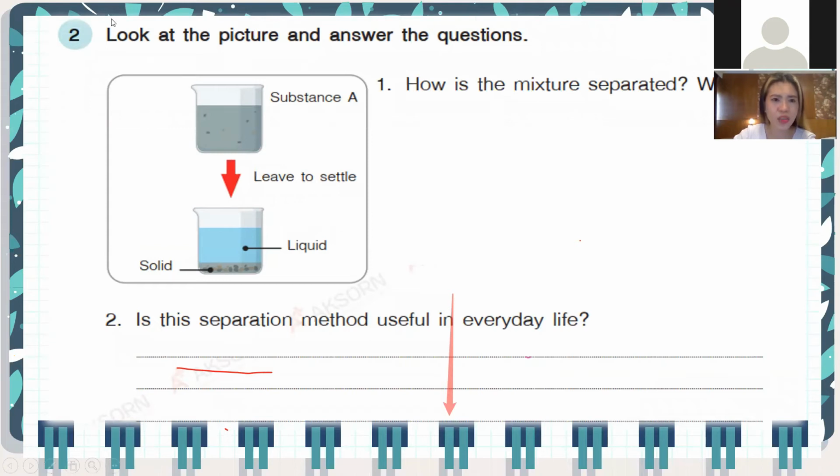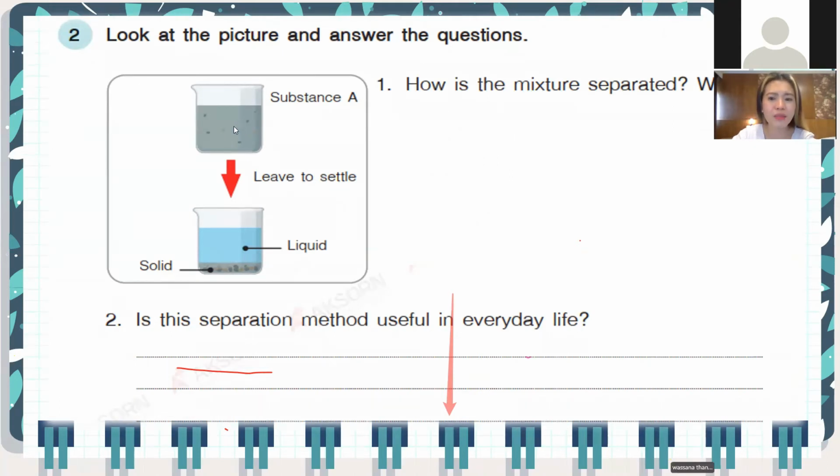So what can you see in the picture? We have substance A. Substance A is a suspension of solid and liquid. Let's just say this is a muddy water.